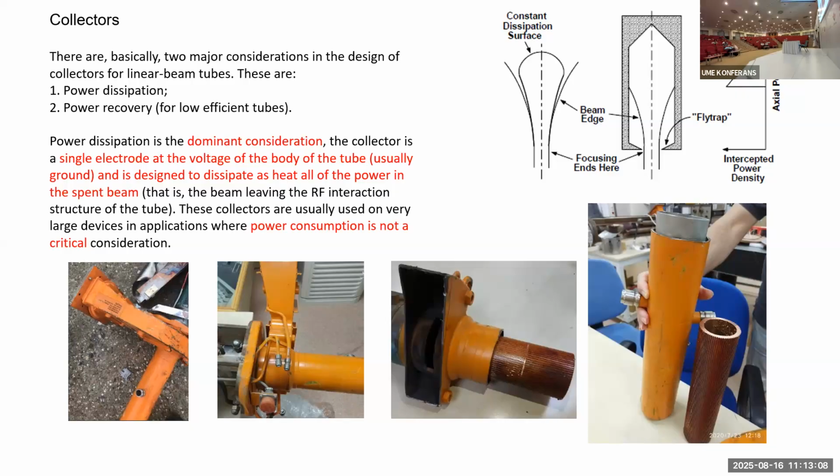How to convert the currents into power? Do we need some X-ray shielding in this collector? Sometimes, yes, depending upon the energy. Yeah, right. And you can see here, actually, all over this one, all the cavity is covered with about 2 millimeters.